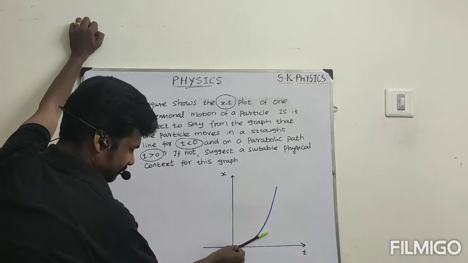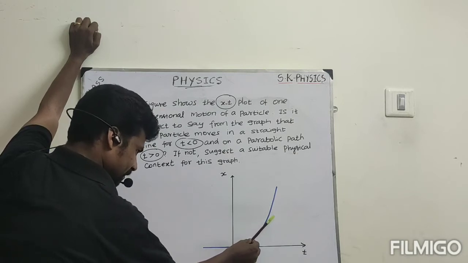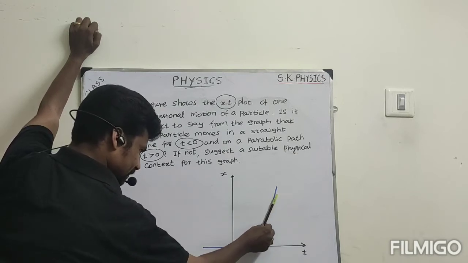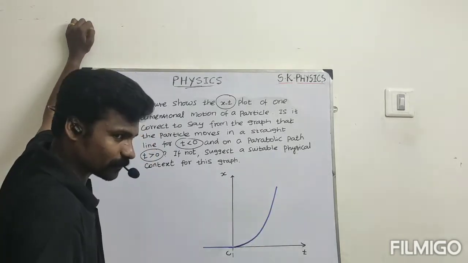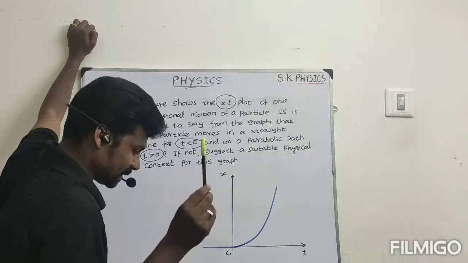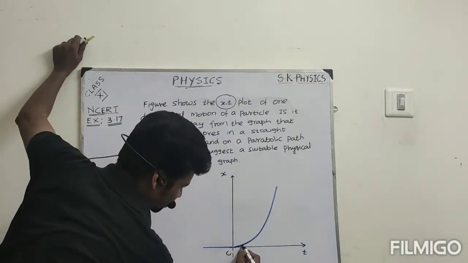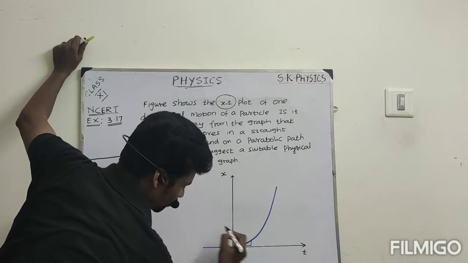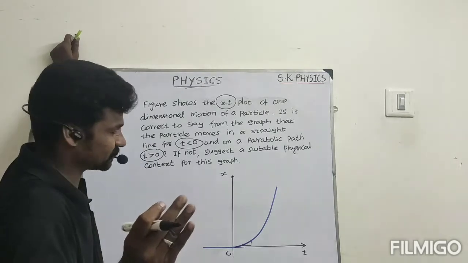Slope is little increasing. Slope increasing, increasing. So what I am going to say, if it is a small slope, the speed is a low value.